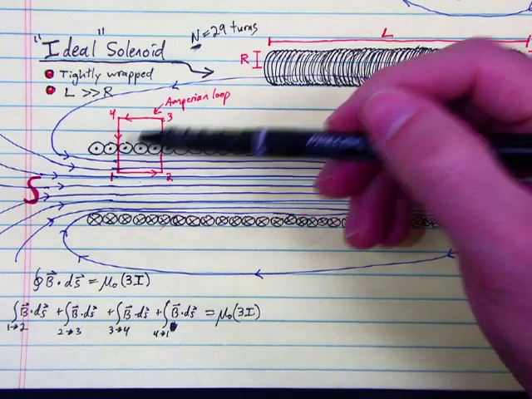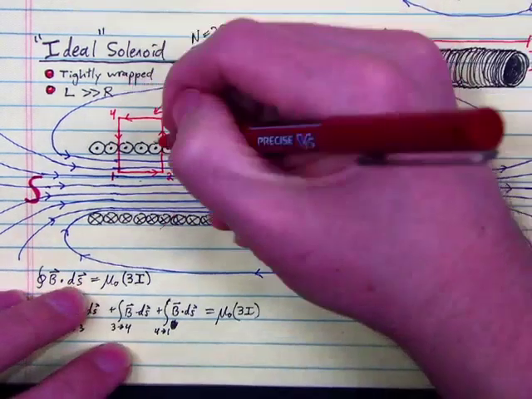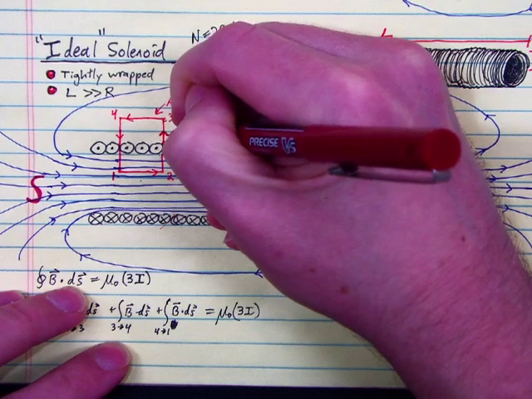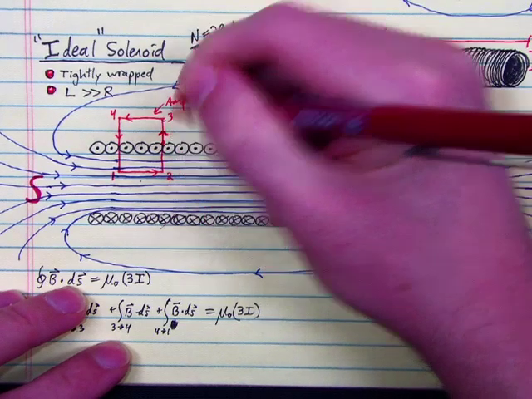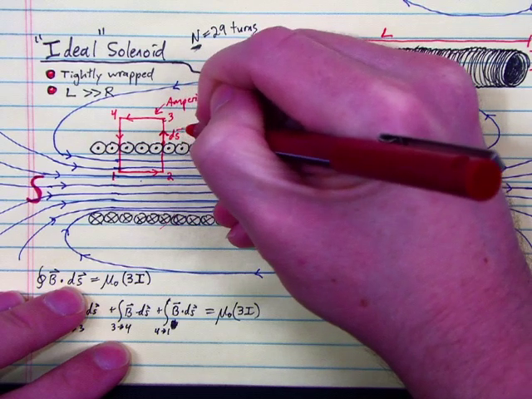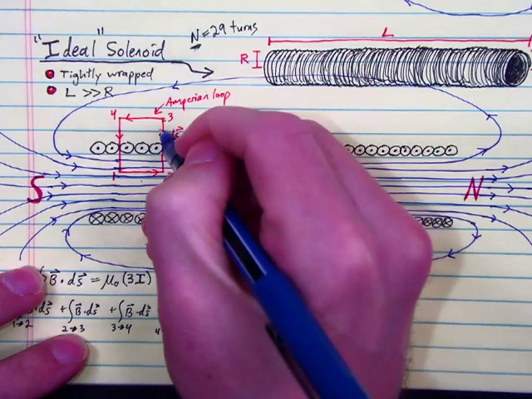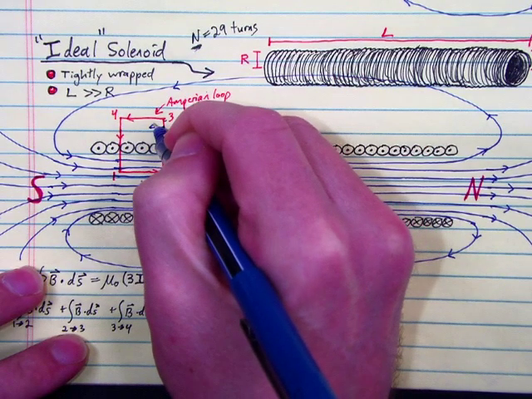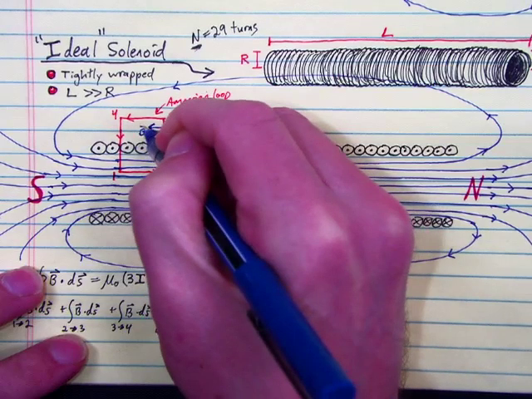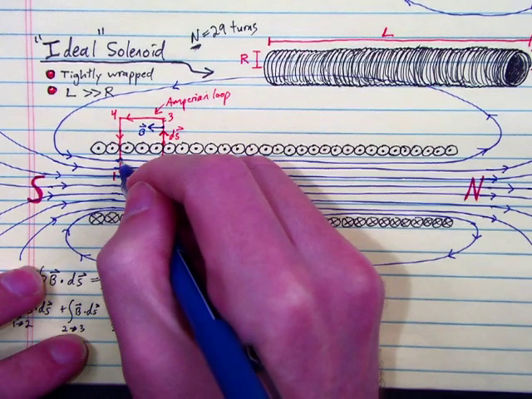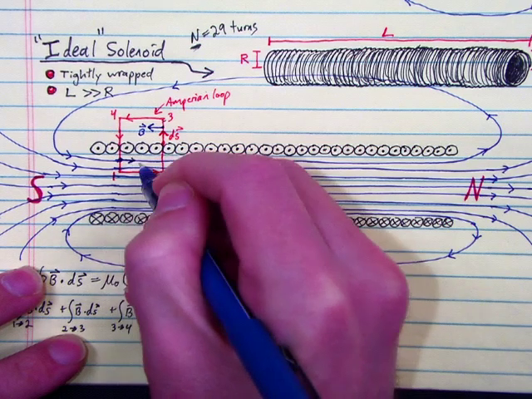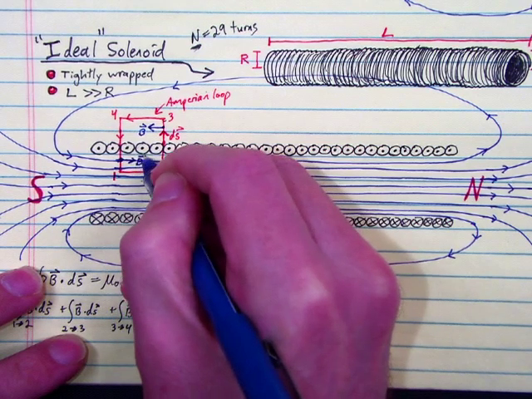our Amperian loop, we have ds vectors parallel to the path, but in all those points our B field should be coming in horizontal there, and even down here our B field is horizontal, so at a right angle to ds.